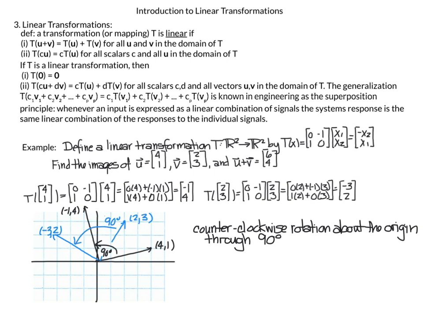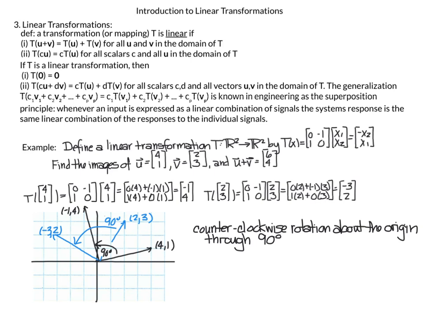You can also see that their lengths are the same, because (4, 1) has the same length as negative 1, 4, and (2, 3) has the same length as negative 3, 2, because of the Euclidean distance formula, the square root of x squared plus y squared.